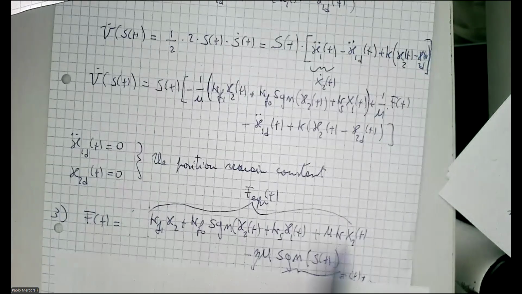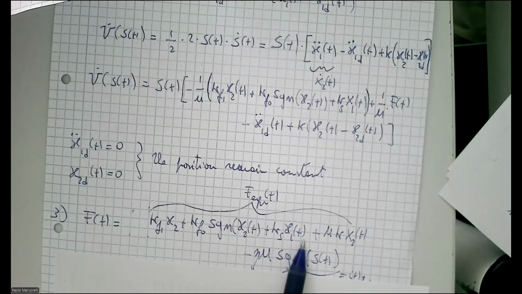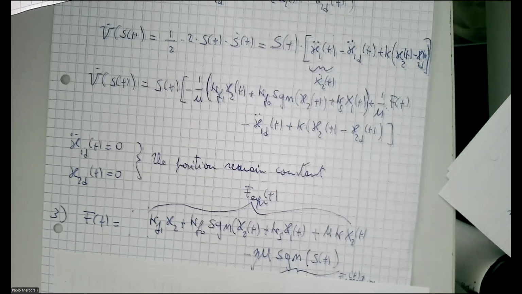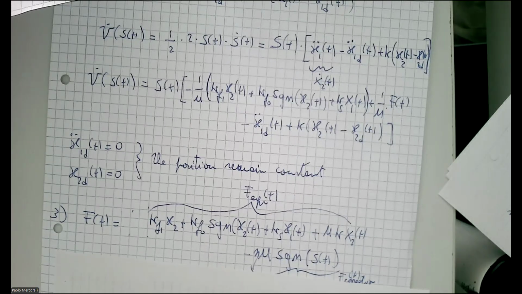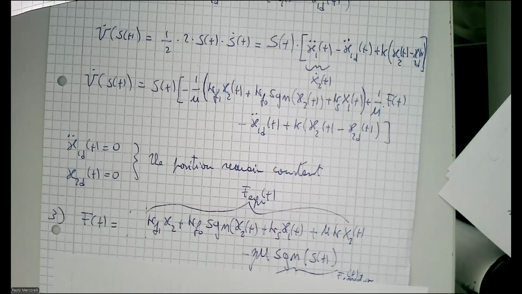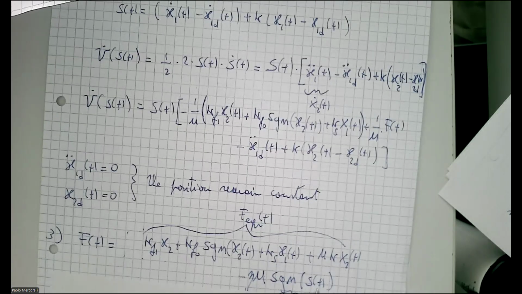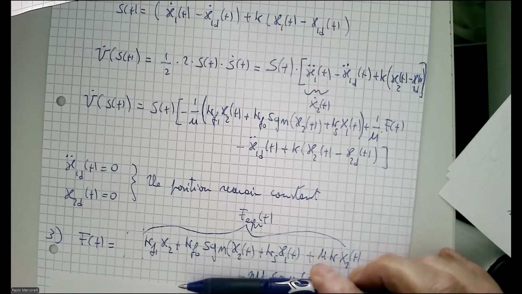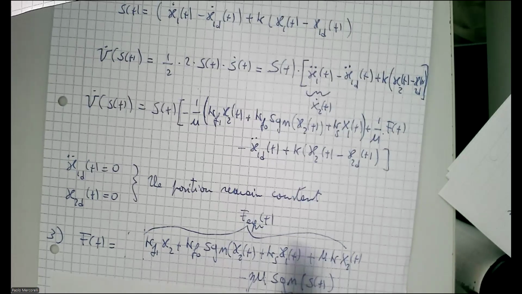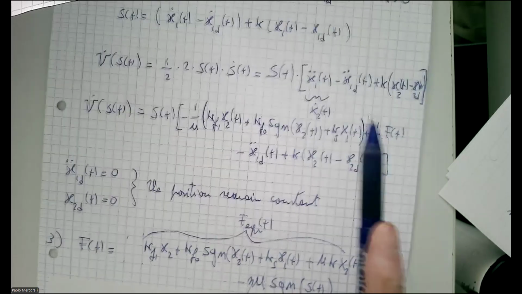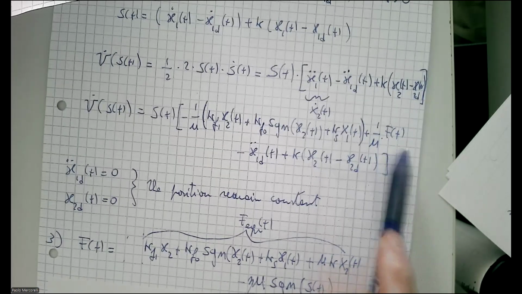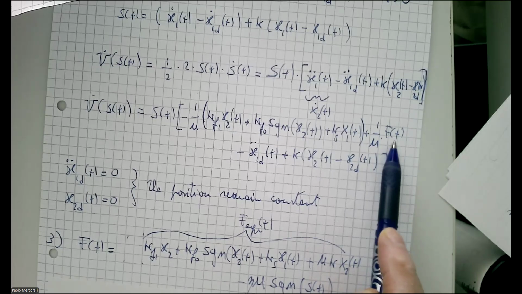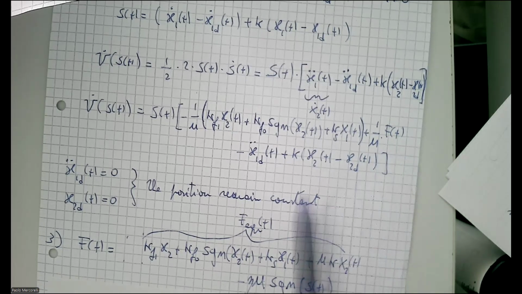With this f of t, I guarantee, at least mathematically, and please pay attention, that once I am on the surface, I will remain there. Why? Because the equivalent part, if well written, guarantees that if I put it here, I will cancel this.